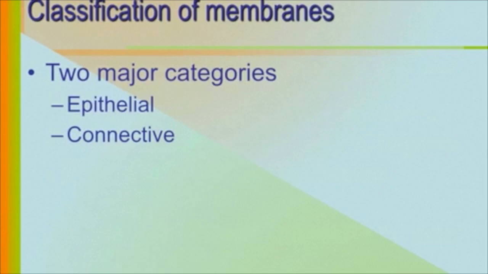Therefore, epithelial membranes will contain both epithelial tissue and connective tissue in their structure. However, connective membranes are made of only connective tissue. They will not contain any epithelial cells. So connective membranes are made up of only connective tissue cells and their matrix.